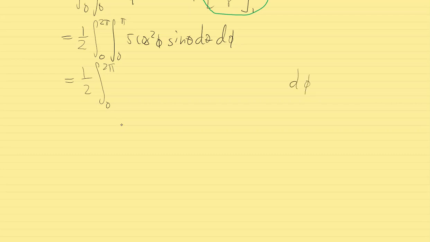Inside, we can take cosine squared phi, then there's a 5 here, then the integral of sine theta d theta from 0 to pi.